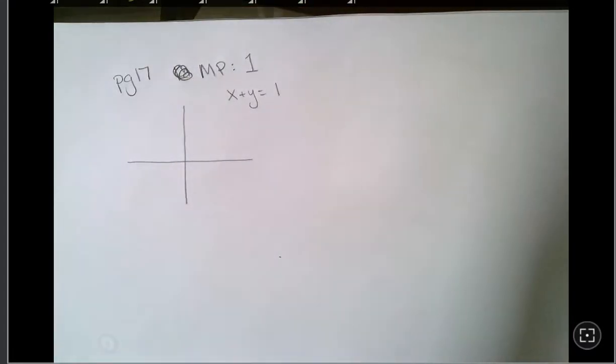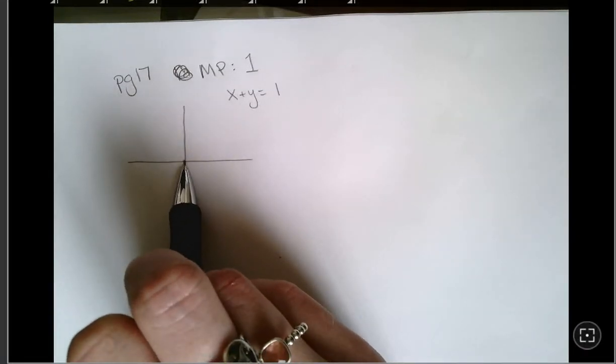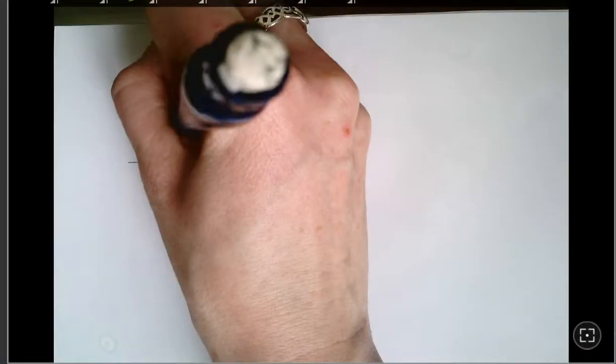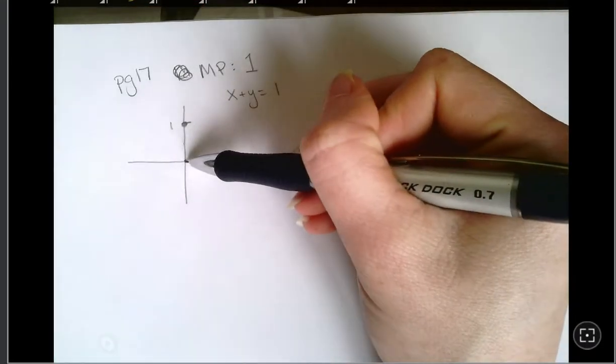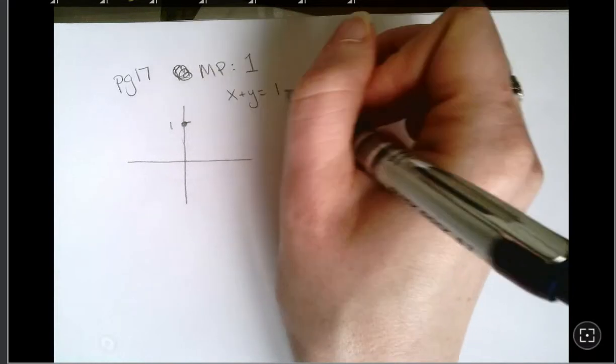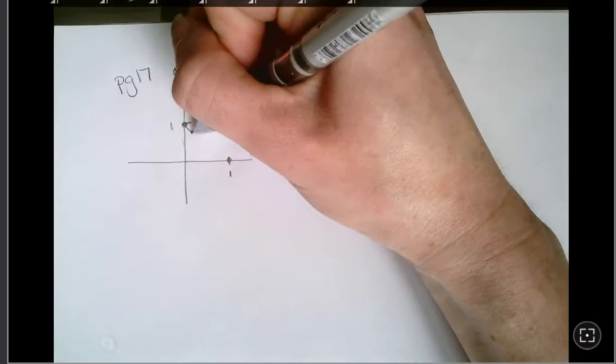So it looks a little different than the way we're used to seeing it. What happens if my x is 0? Well, my y would be up here at 1. So that's this point. And if my y is 0, then x equals 1. So it's down here. Connect those 2 dots, we make our line.